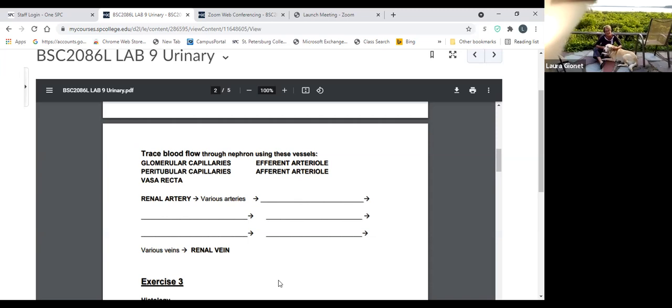There are other models that are used. And for those of you who are somewhat on campus, this will be very helpful.